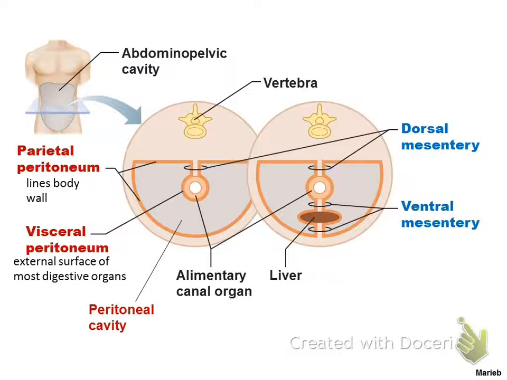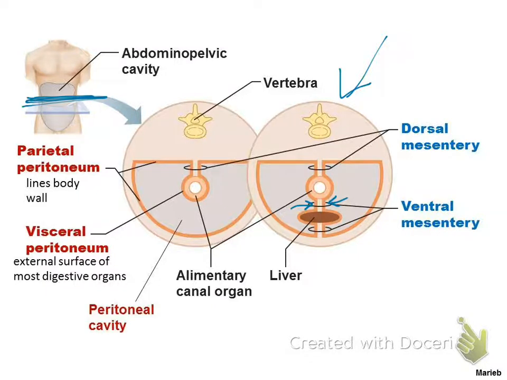So if we look back at the other part of my figure, where we've still done that same transection through the body, but we did it at a different point, we can see that now we have two organs from the digestive system. And notice there are points where what would have been visceral peritoneum are coming together.